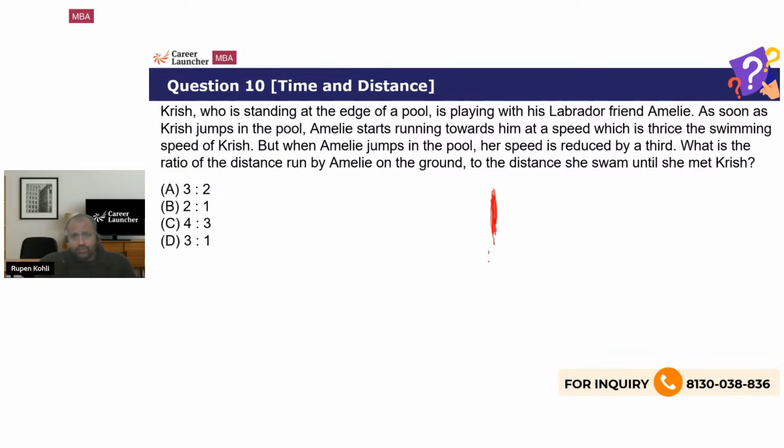So let's say this is the pool somewhere in the middle, and here Krish will jump in and Emily will start from somewhere behind. Emily starts running towards him at a speed which is thrice the swimming speed of Krish. But when Emily jumps in the pool, her speed is reduced by a third. What is the ratio of the distance run by Emily on the ground to the distance she swam until she met Krish?